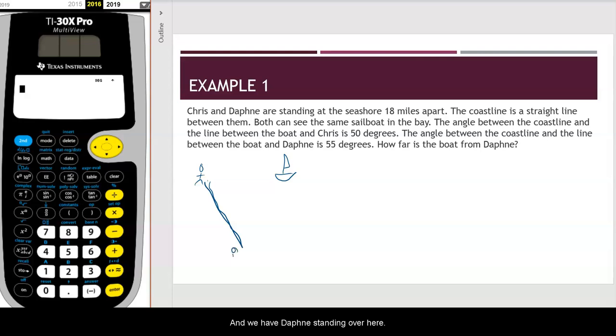And we have Daphne standing over here. Now, Chris and Daphne are 18 miles apart. We have Chris's line of sight to the boat, and we have Daphne's line of sight to the boat.